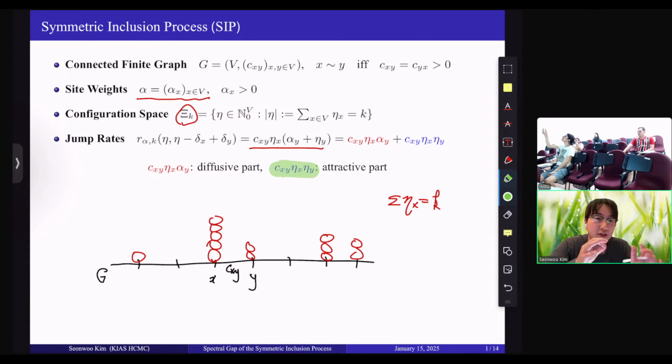This rate explains some kind of attractivity or stickiness of the system, so we can call it the attractive part. These two values are summed here. So we have a competition between the diffusive part and the attractive part, such that this particle system is quite complicated to analyze.